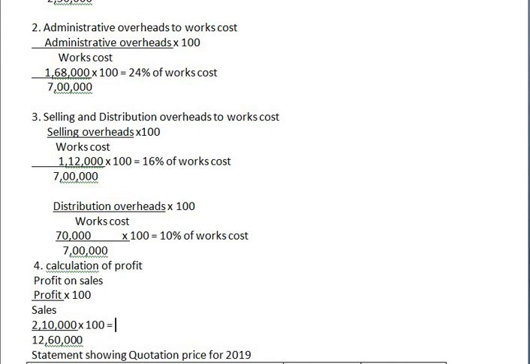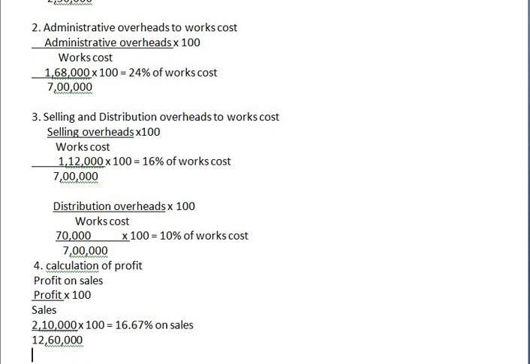So that is equal to 16.67% on sales. Okay, yes. Now we are done with the working notes.